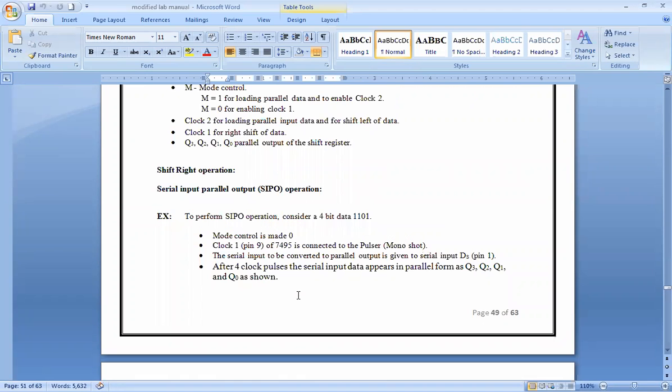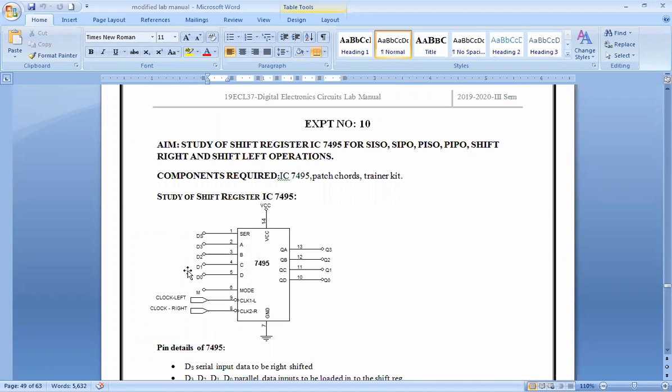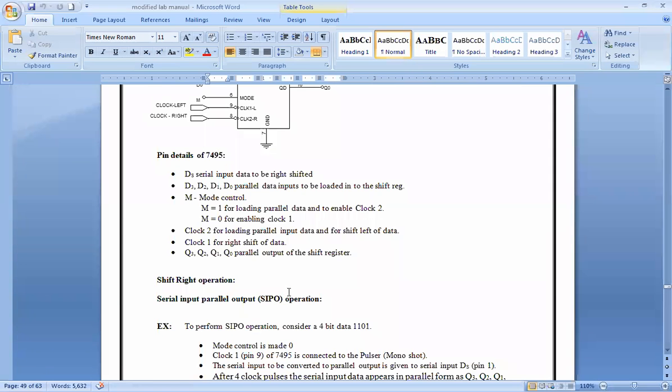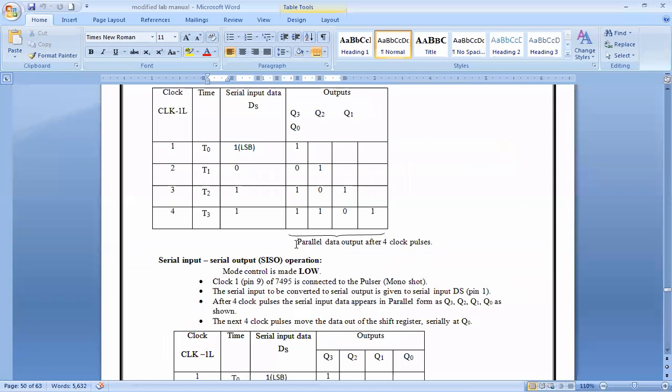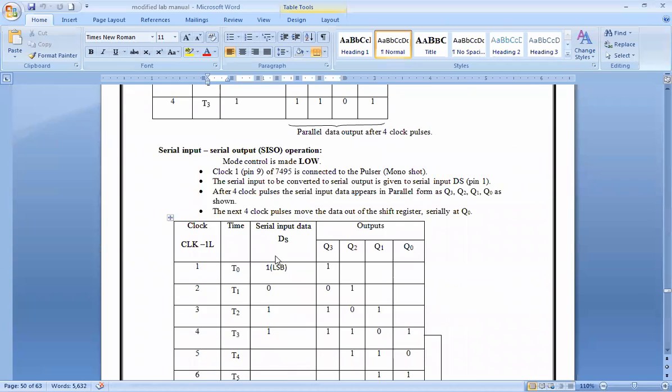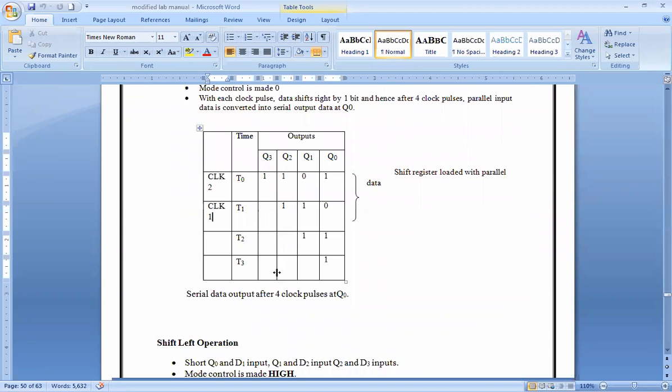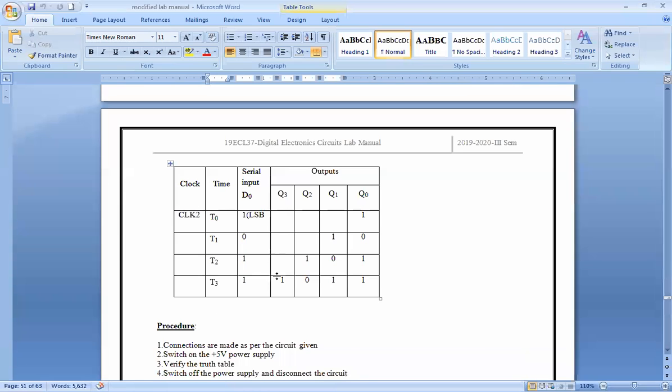So D0 is here. I'll be giving input only at D0, because I'm doing the left shift.